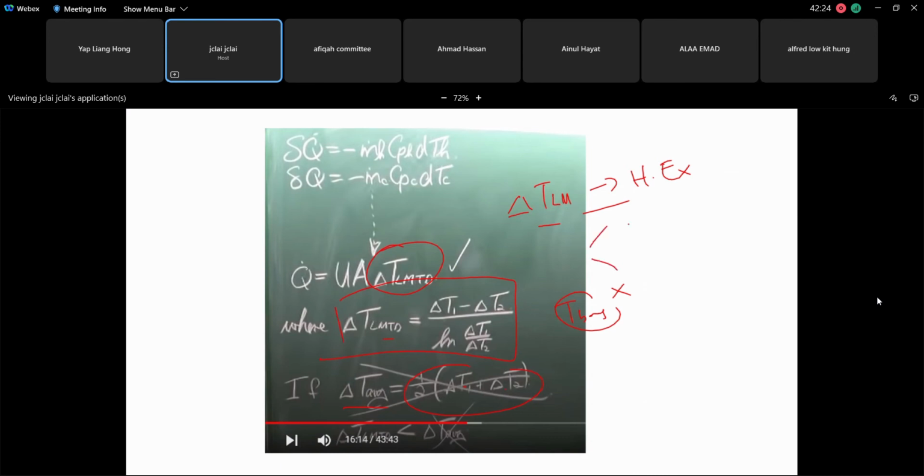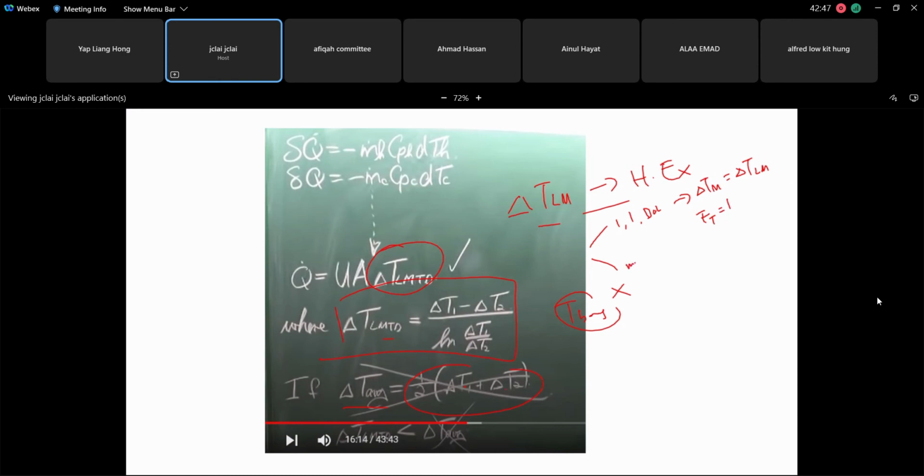Just now I mentioned already, if it is one-one type or double pipe, then you don't need to do correction: delta Tm equals delta T log mean, meaning Ft, the correction factor, equals 1. You don't need to do correction basically.